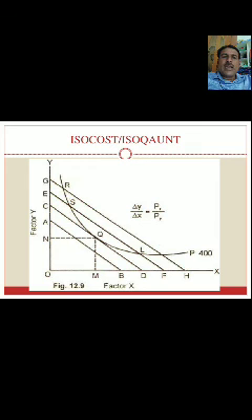Those points are intersections of the isocost line and isoquants. That's why the CD isocost line and the IQ isoquant of 400 units are tangent at the point Q. This much is the equilibrium that arises here.